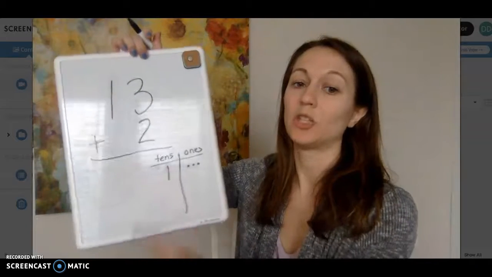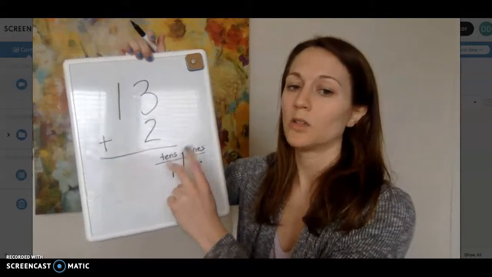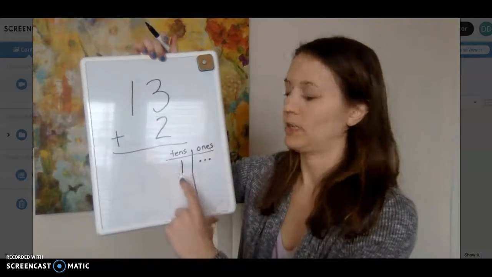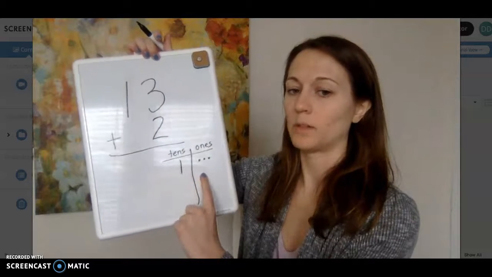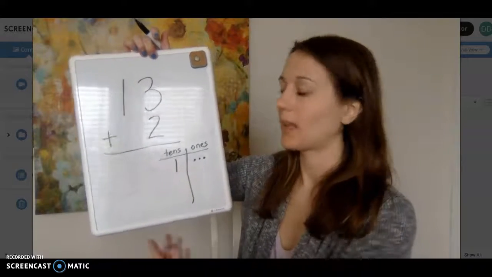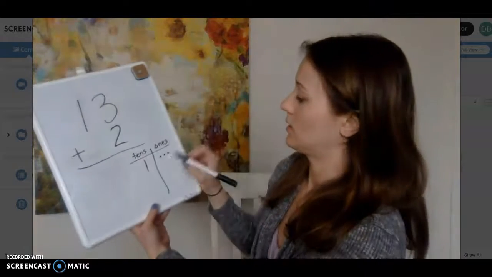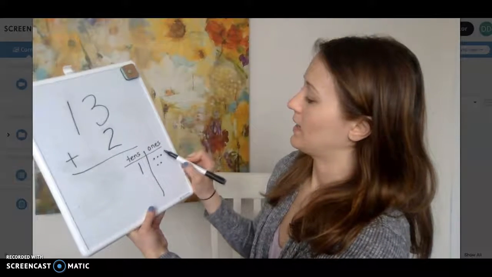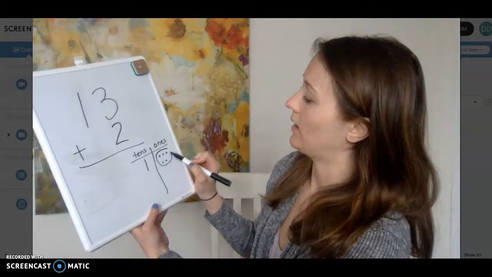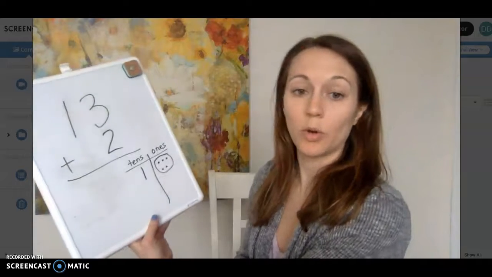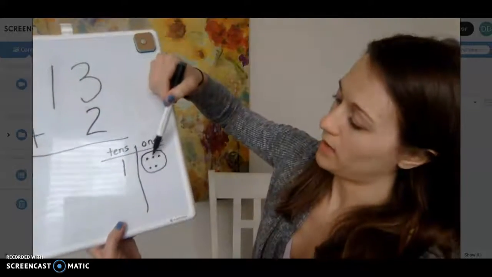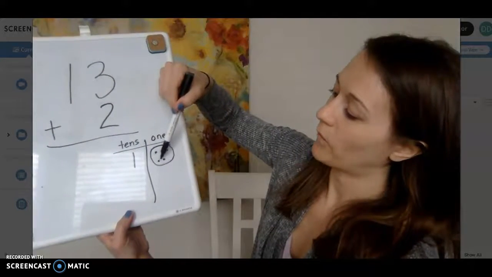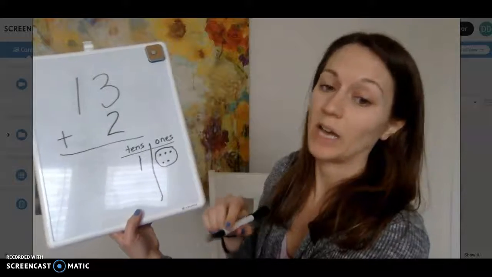Now I need to add 2 more ones. So am I going to add the 2 in the tens place or the ones place? I'm going to add it in the ones place. So let's add those together. 1, 2. Now, if I circle everything I have in my ones place, what do I have? 1, 2, 3, 4, 5. I have 5 ones.